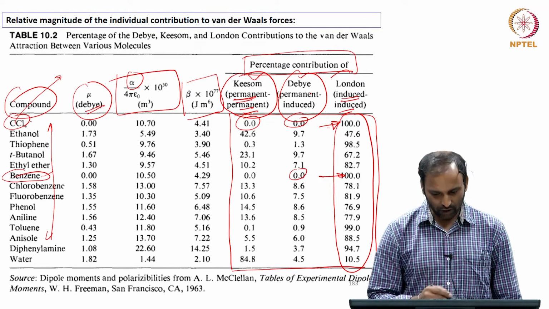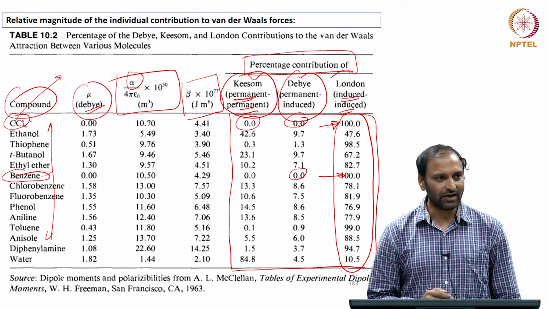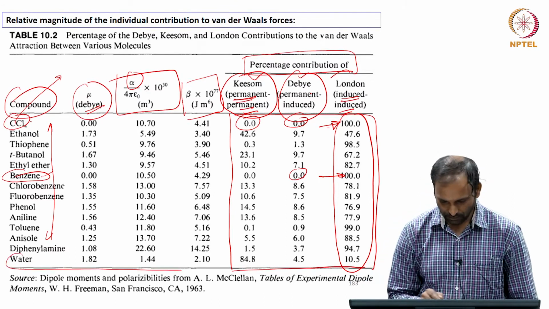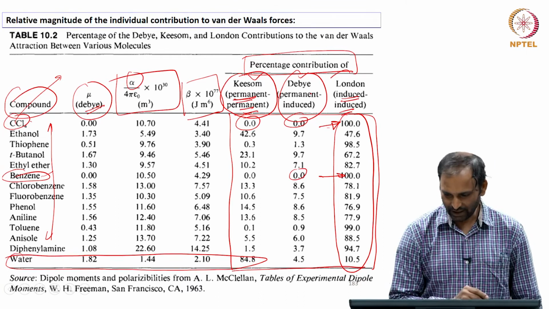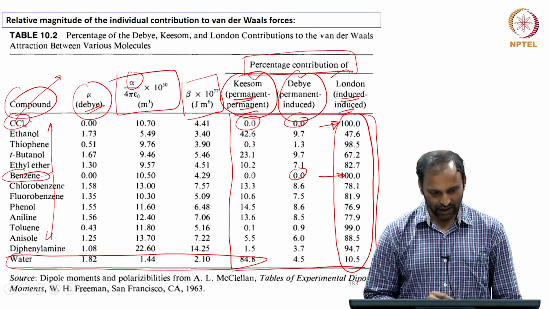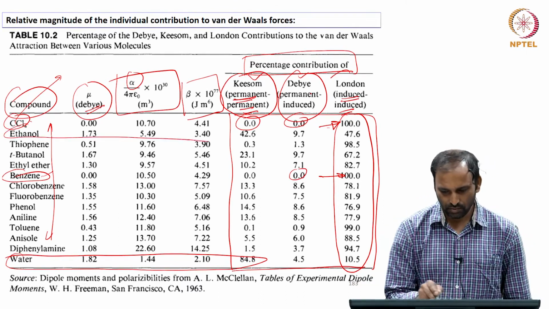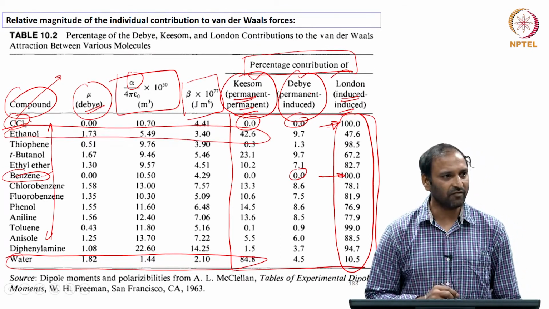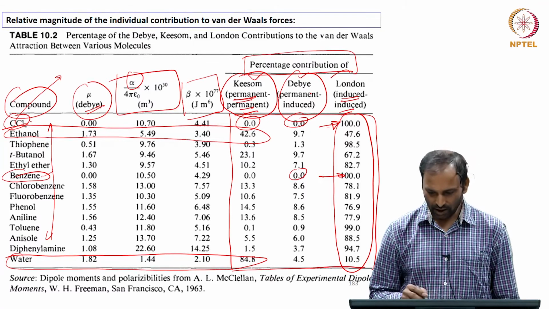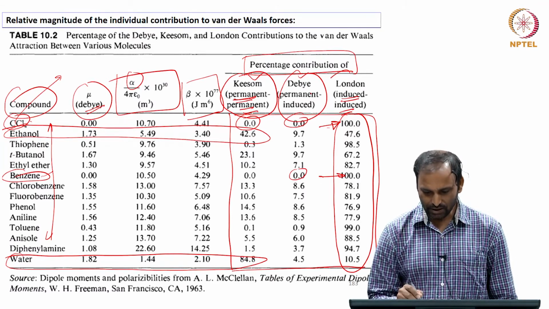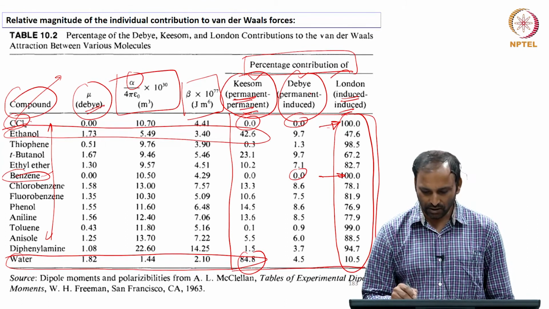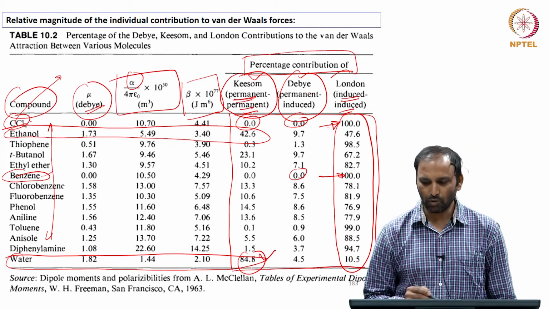However, on the other hand, if you take molecules which have permanent dipoles, for example, water, or if you take even ethanol, they are examples of polar molecules. And if you look again at the numbers, it turns out that the contribution of the permanent dipole interactions is highest for such molecules.